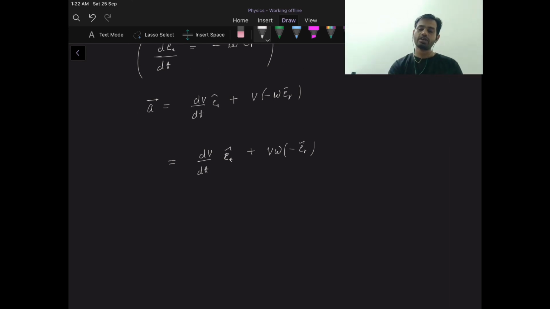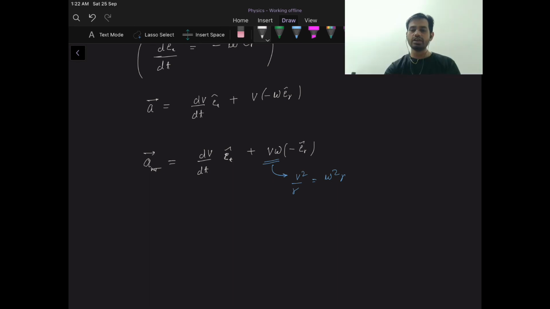We have already seen that this v omega can also be written as v square by r, and this can also be written as omega square into r. So, this will be the value of net acceleration, or we can say that this is total acceleration, right.